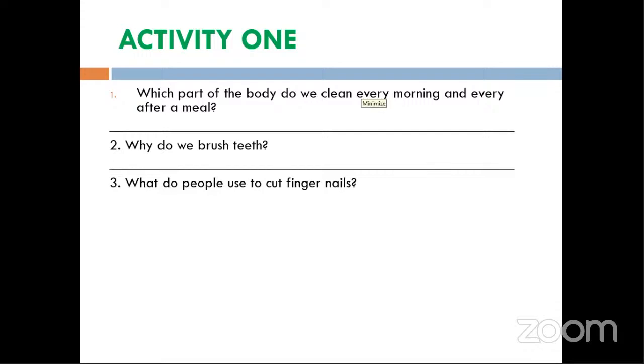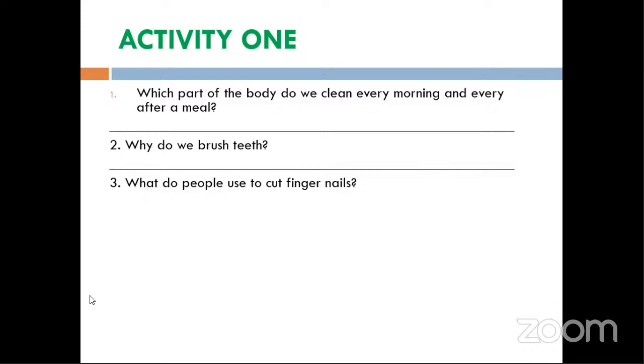Nail cutter. Is there any other thing that you can use to cut the fingernails? Let me ask Mark. Is there any other material apart from the nail cutter? Yes, razor blade. Good. You can also use a razor blade to cut your fingernails. Very good.